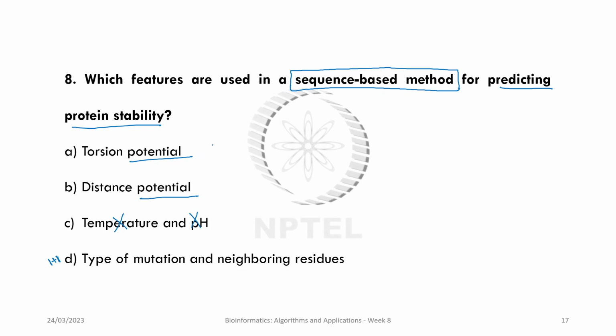So in sequence based method, what do you look into? If this is your residue of interest, you go a few residues before and after, you check their effect, right?